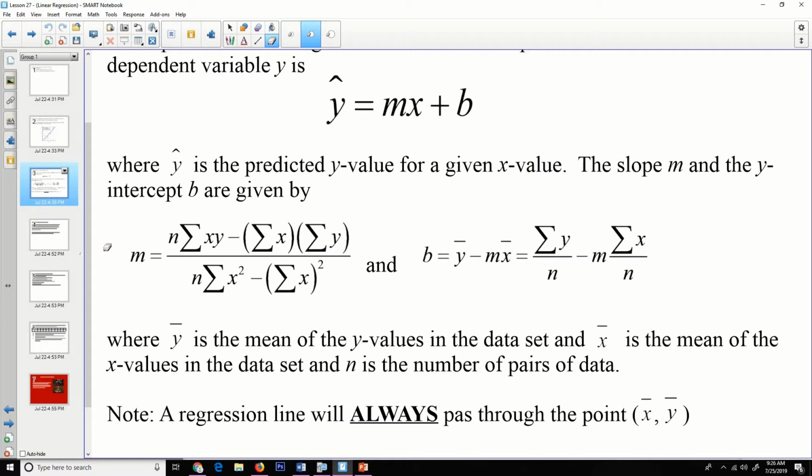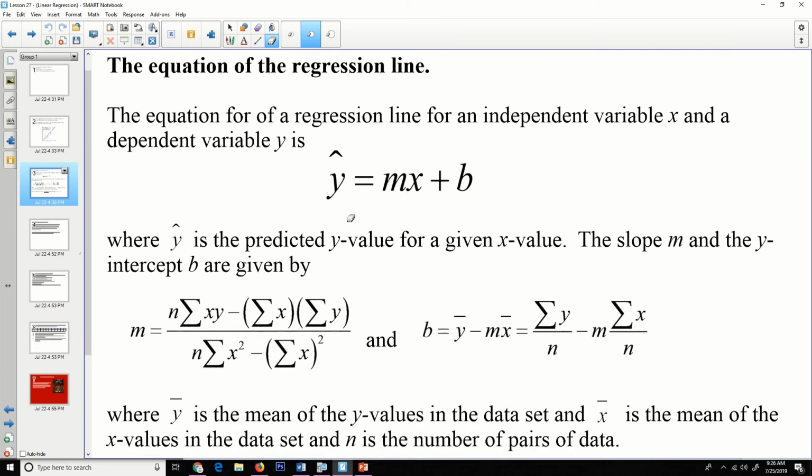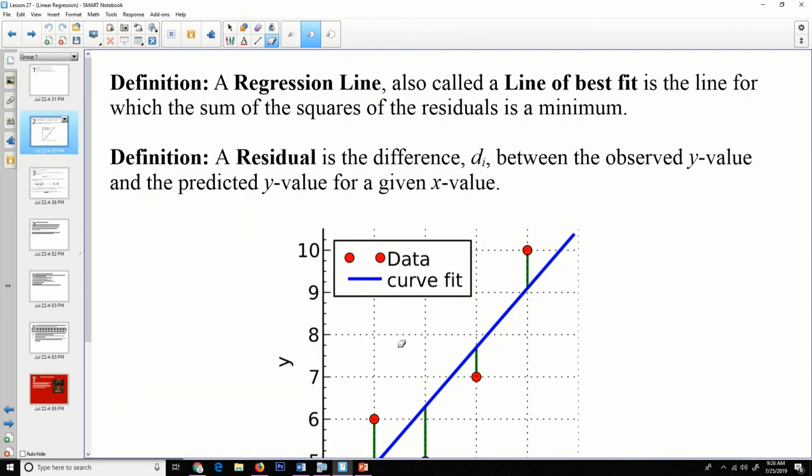And again, we're not going to do this by hand because it's a pain. To calculate the slope, you would multiply each x times y and add them up, and then multiply by the number of elements, the number of data pairs that you had. In this case, there would be 4.